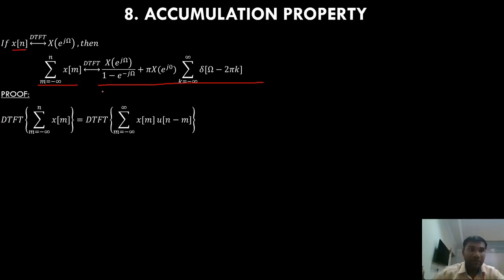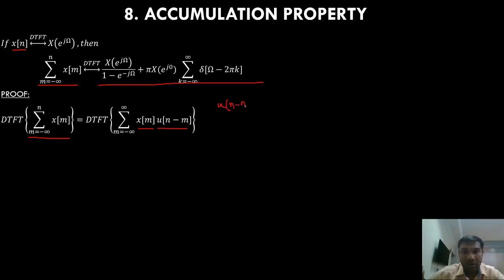So let me take summation m from minus infinity to n of x of m. This can be written as summation from minus infinity to plus infinity, which is the standard form. So I'm converting this into standard form by multiplying my x of m with u of n minus m. What is u of n minus m?